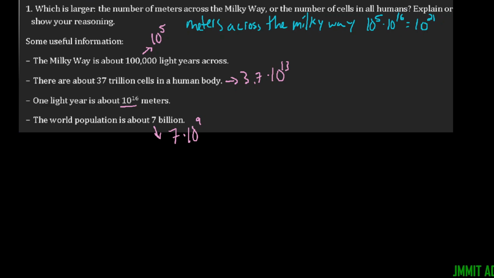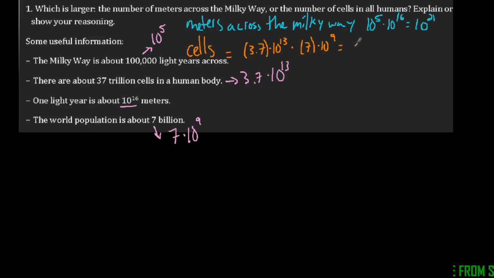Then for our cells, we're going to say that's going to be 3.7 times 10 to the 13th power. And we're going to do times the number of people in the world. So we have times 7 times 10 to the 9th power. Again, since we have those same bases with 10 and their exponents, we can add those two exponents together.